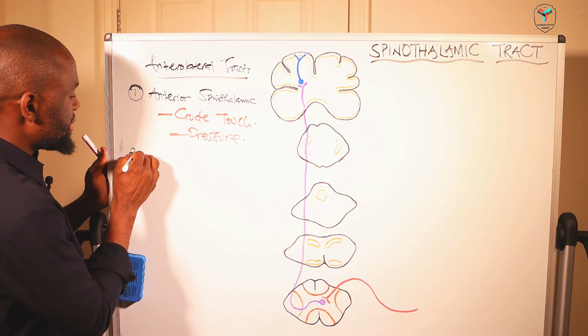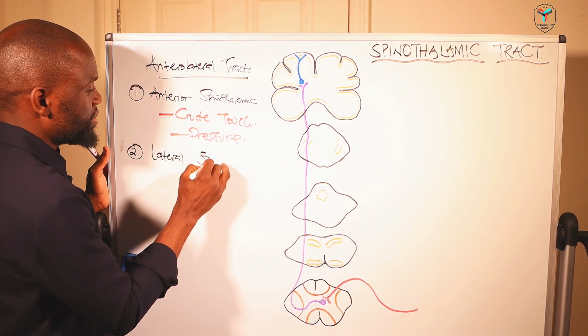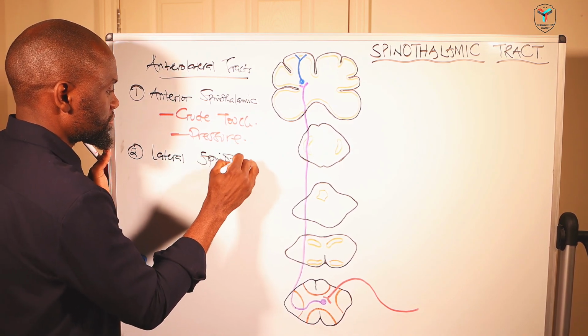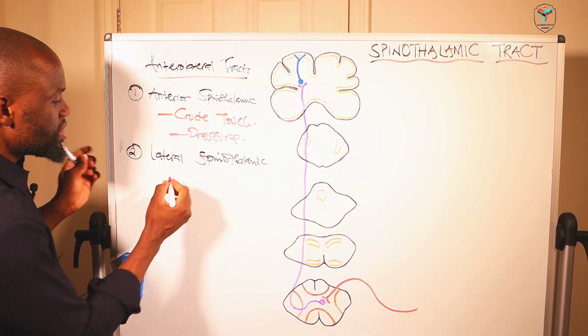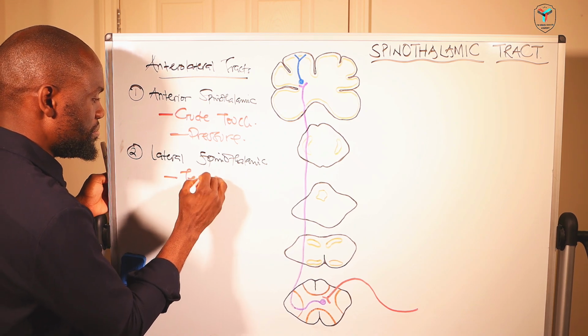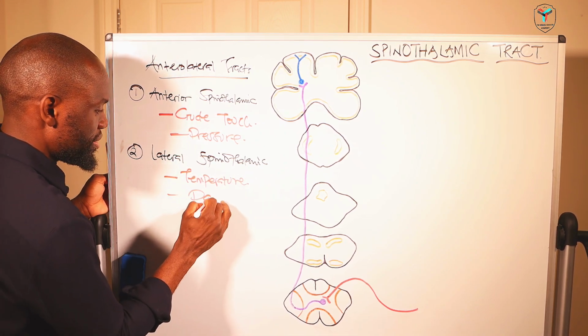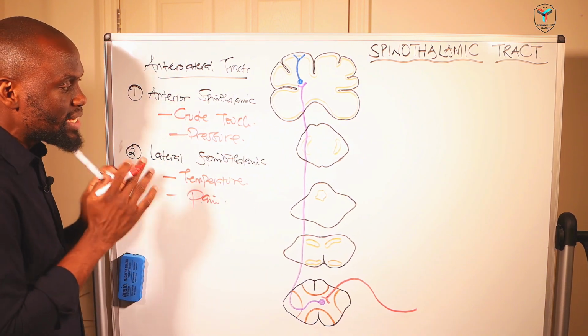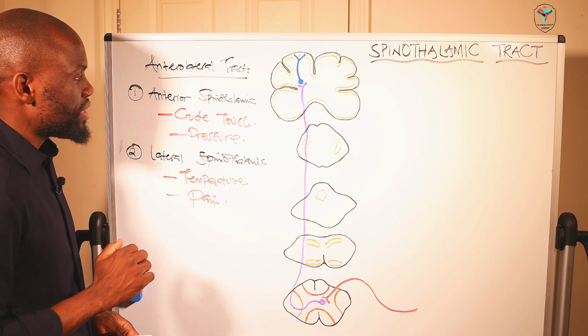And then when we look at the second one, which is the lateral spinothalamic tract, this one is going to be responsible for transmitting nerve impulses about temperature and issues to do with pain. So those are the types of senses that are going to be transmitted by the spinothalamic tract.